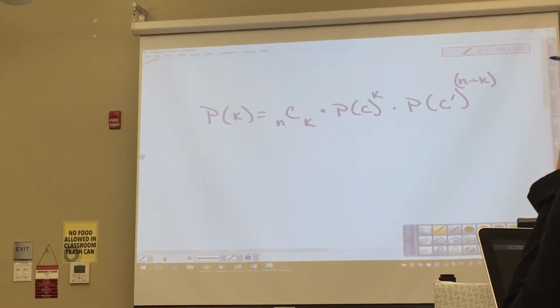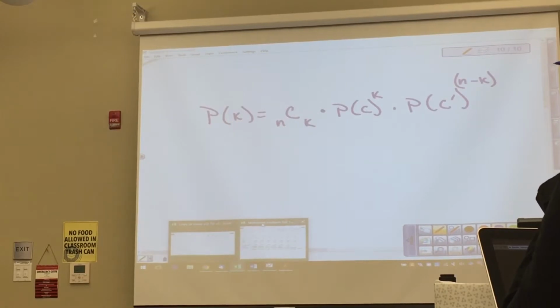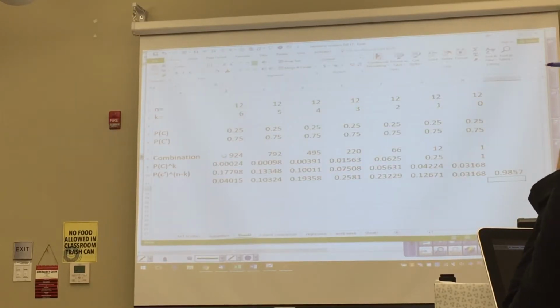Okay. So I have to multiply these three numbers. So we just type in product and highlight all three? There's the first number, there's the second number, and there's the third number. So I just have to multiply those three.